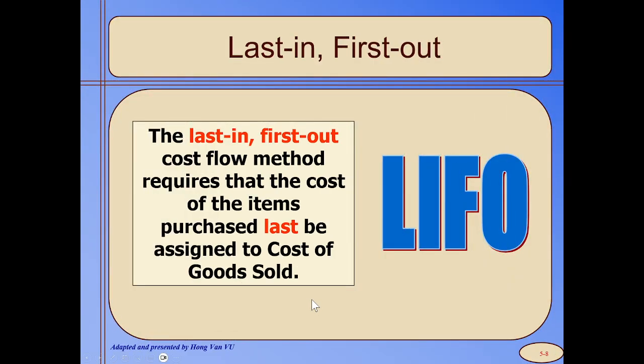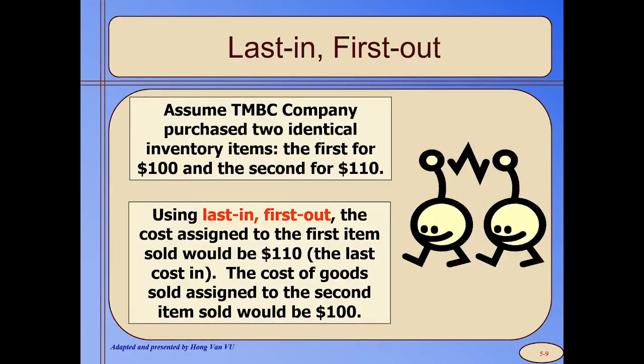Now for last in, first out, the last in, first out cost flow method requires that the cost of the item purchased last be assigned to cost of goods sold. So what does it mean?